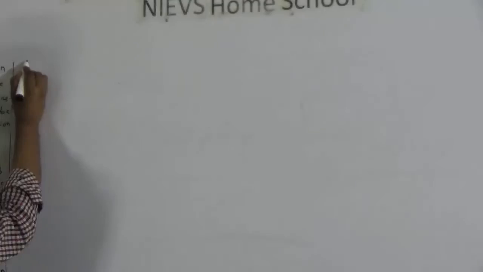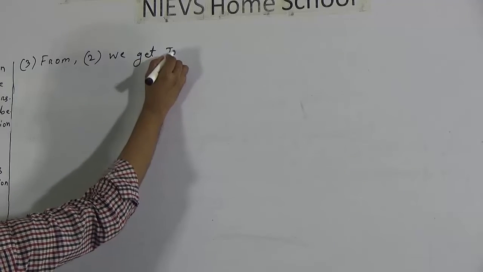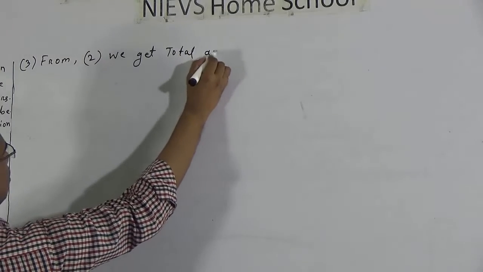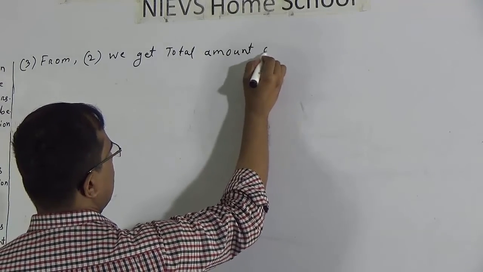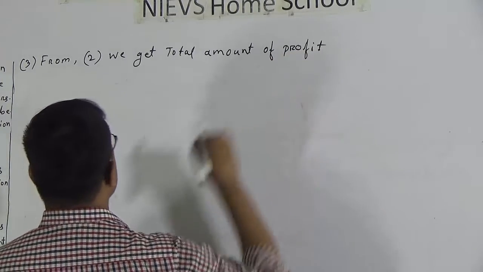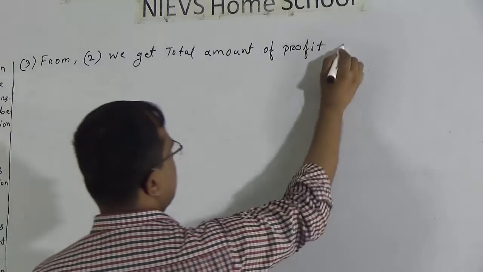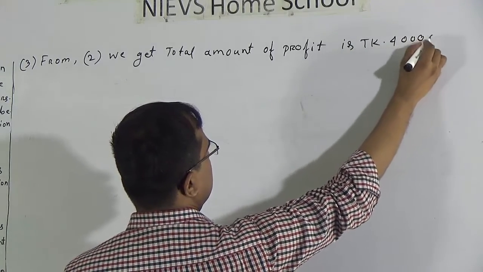At first you will write, from 2 we get total amount of subscription is TK 40,000.